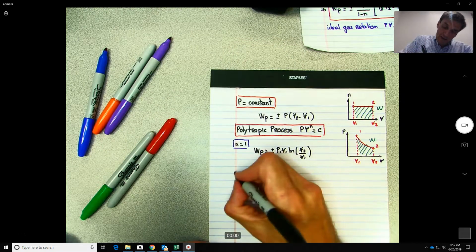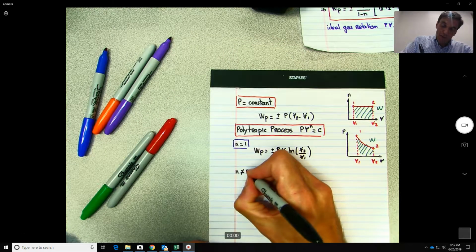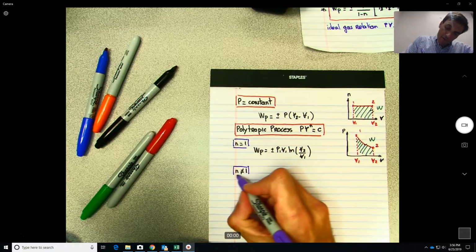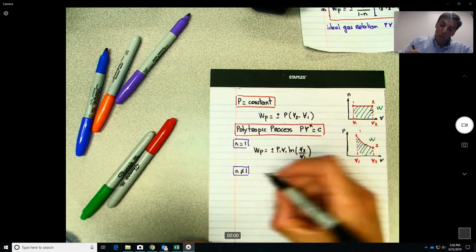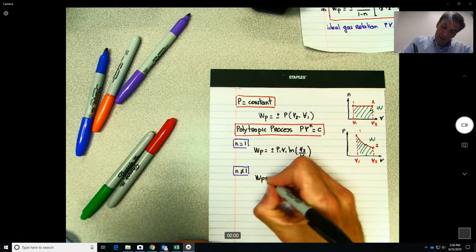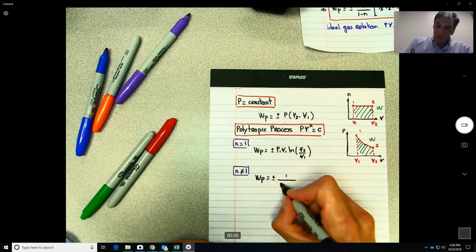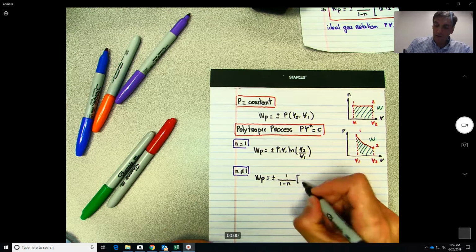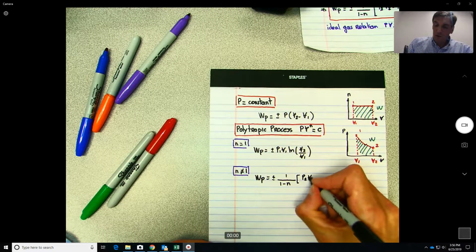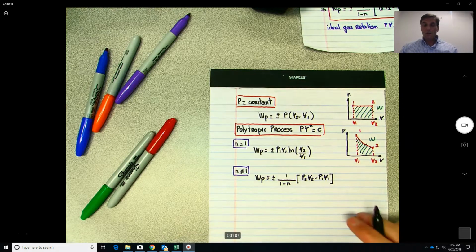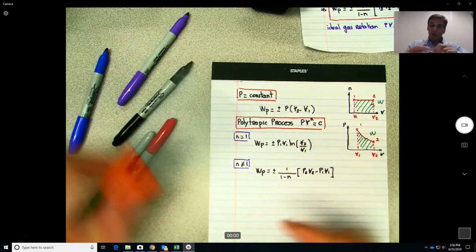And for n different than 1 and 0 and being a positive integer, the work done by the pressure is given by plus minus 1 over 1 minus n times P2 V2 minus P1 V1. Okay, so that's basically the summary of equations that we have.